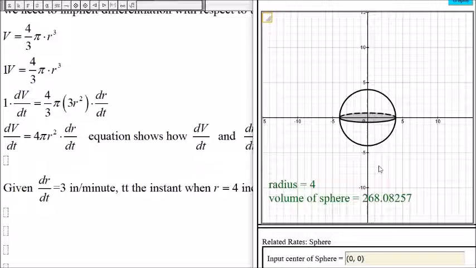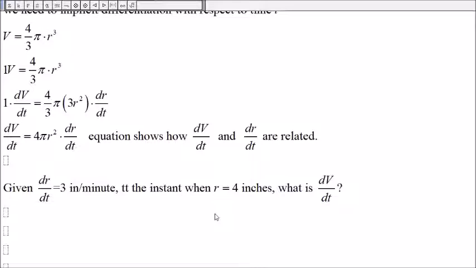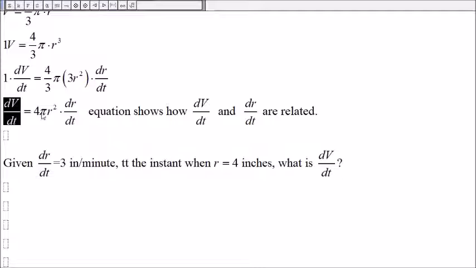How fast is the volume changing at this instant? So that's what we're looking for. And so to get dV/dt, we just use this equation right here. And so we get 4 pi, and then we want to know at the instant when the radius is 4, and then we're given that the rate of change of the radius with respect to time is 3.